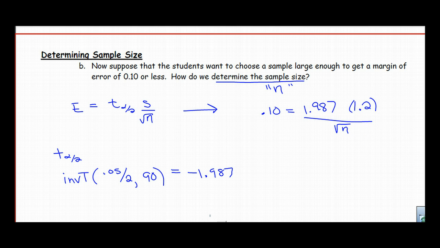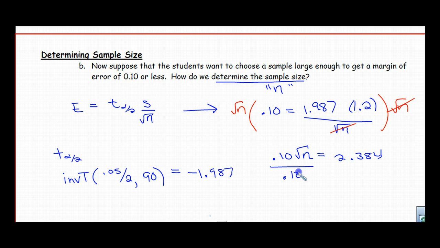So let's go ahead and multiply both sides by square root of n. This is going to cancel. We're doing some algebra now. So 0.10 square root of n equals 2.384. I could divide by 0.10. And then I'm going to get square root of n equals 23.84.